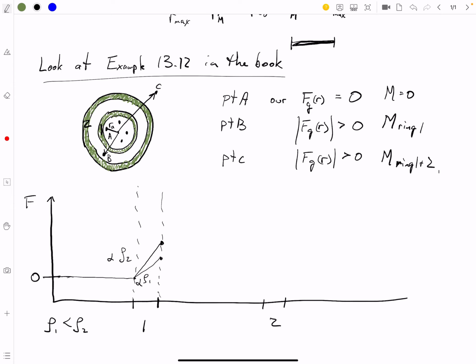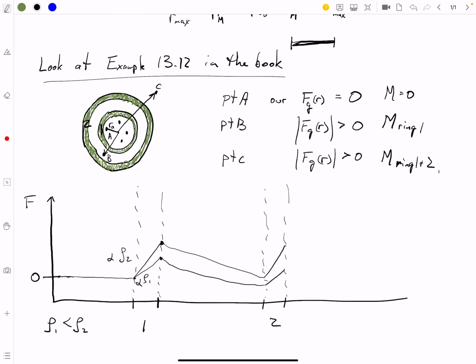Then gradually, there's nothing anymore, so you're going to fall off as 1 over r squared. They're going to fall off like that. But then we're going to come back. We've got this same thing. And we've got density 1. And we've got density 2.